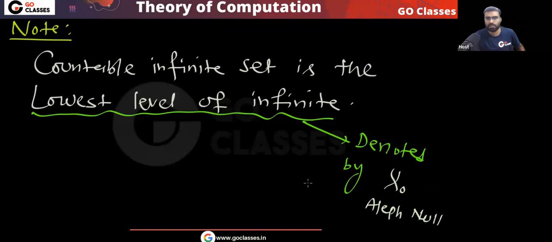This is the symbol, right? So this lowest level of infinity is your countable infinite set.